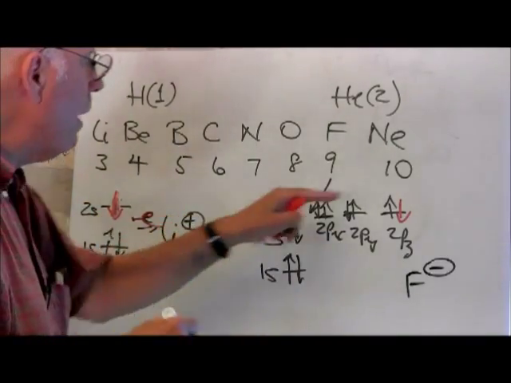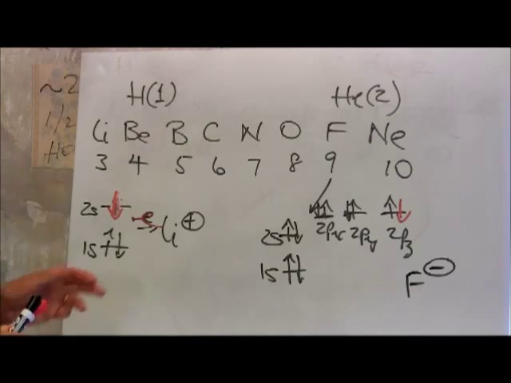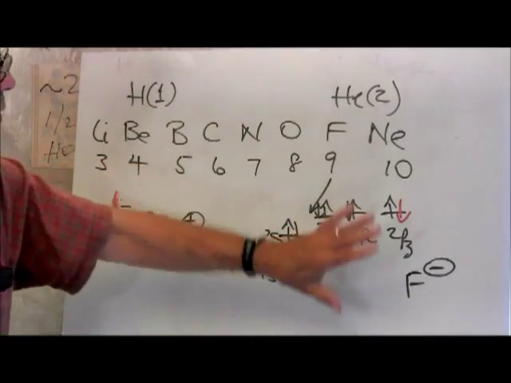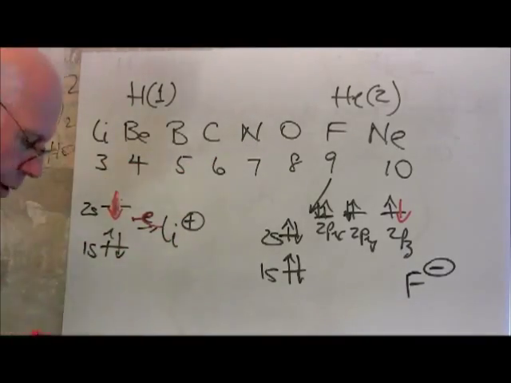The fluoride now has 10 electrons just the way neon does, and the lithium is missing 1 electron, so it becomes just like helium. And we can play these games with all of these atoms.